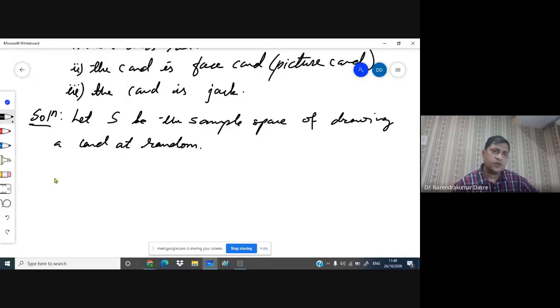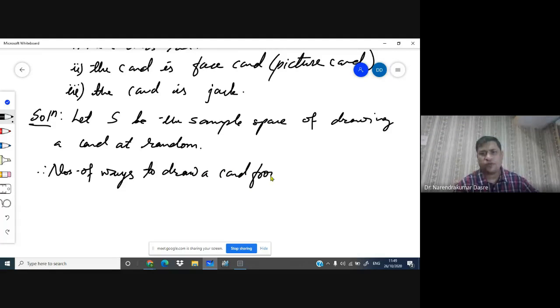Now the number of ways to draw a card from 52 cards is equal to what? We have 52 cards and we want to choose one card. It is simple, that's going to be 52C1. C is a combination, and out of 52 I'm choosing one, and this is going to be 52 ways.